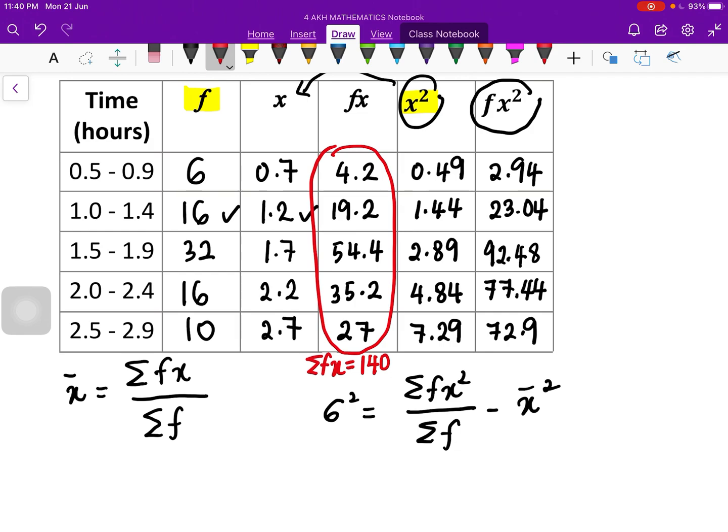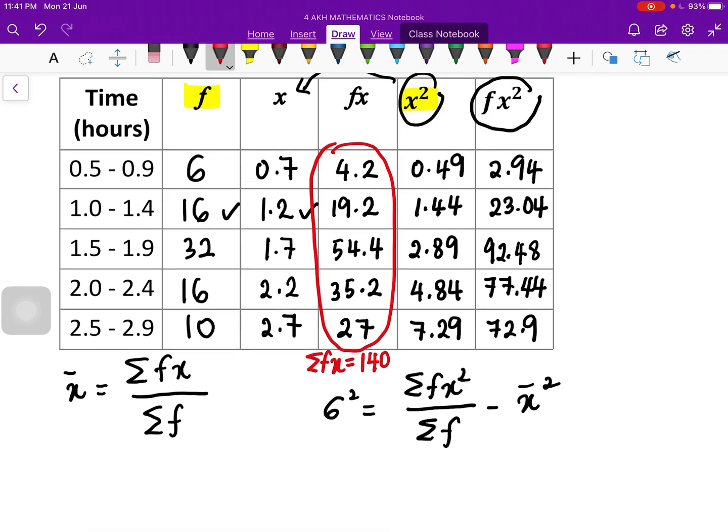So 4.2 plus 19.2 plus 54.4 plus 35.2 plus 27. And then you divide by sum of f. So f here also kita kena tambah, totalkan everything. So sum of f here, you will get 80. You can use your calculator.